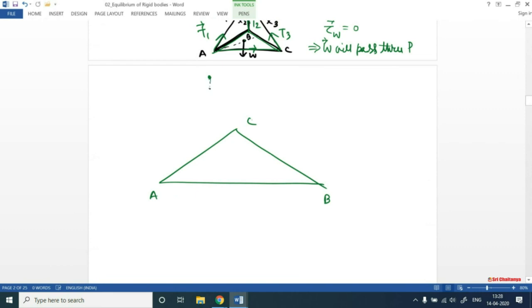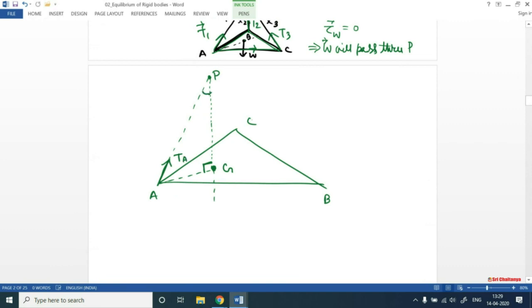If we draw the vertical line passing through the point of suspension, this is going to pass through the center of gravity, G. If we join P with A, this is going to form a right angle triangle, and TA will be acting along this line.